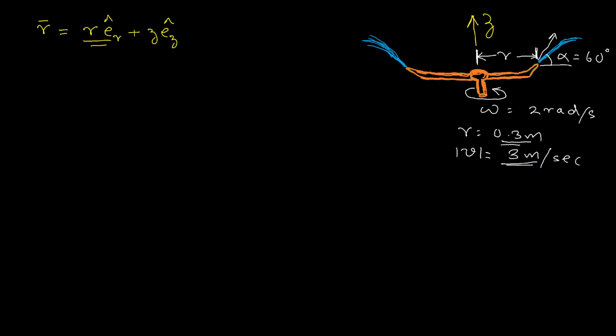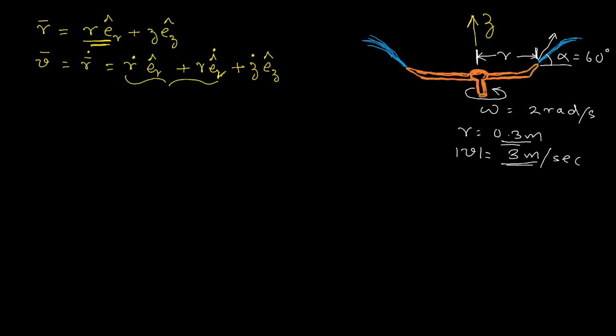If we write the radius vector as this, obviously the velocity vector will be given by r dot e_r plus r e_r dot plus z dot e_z. These expressions are coming because of the differentiation of this term, and here both r and e_r are varying.